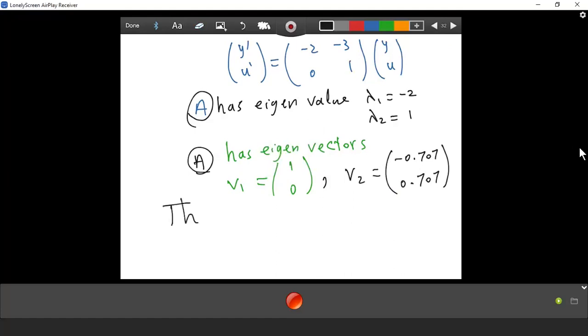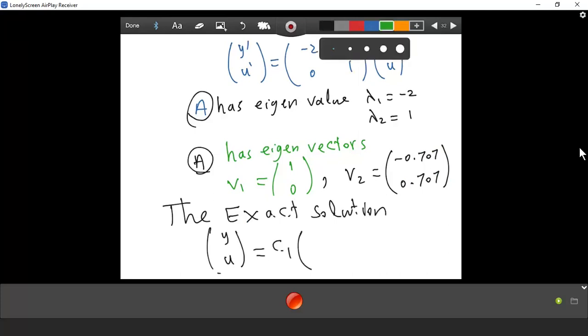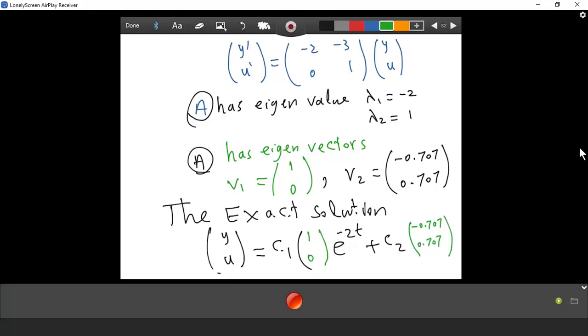The exact solution, not the numerical one, is y and u equal to C1 times V1, which is 1 and 0, times e to the lambda 1, minus 2t, plus C2 times V2, minus 0.707 and positive 0.707, multiplied by e to the t.